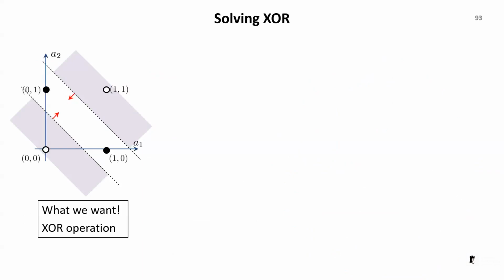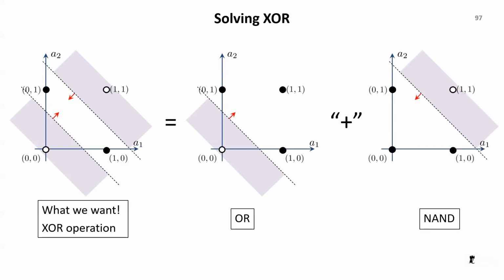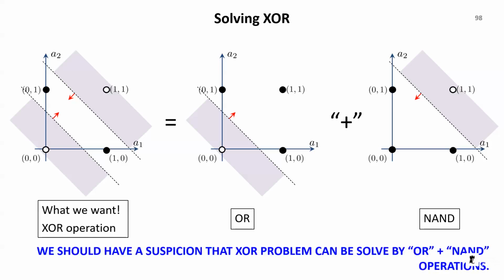Back to logic operations, XOR, if we remember, let's decompose those into two individual discrimination lines. If you see this, it can be decomposed into this and this, right? Which is OR, and this, which is NAND. Logically, XOR is actually a combination of OR and NAND operations.